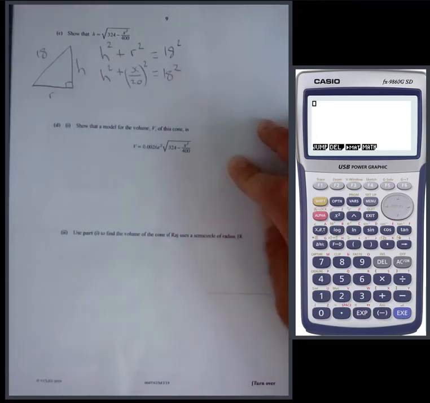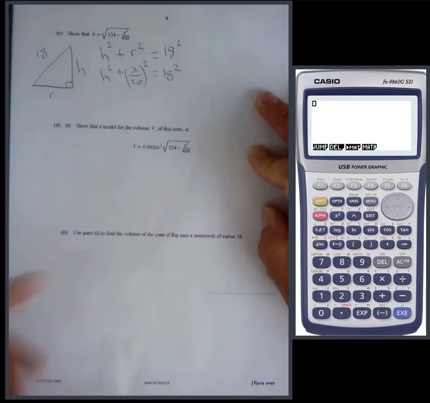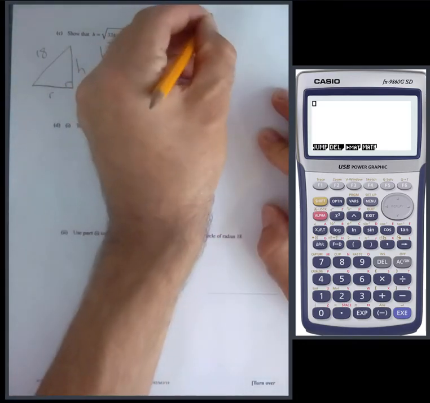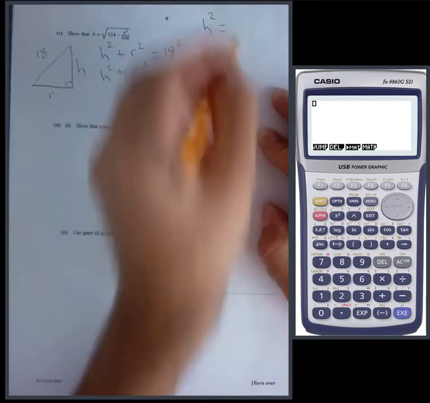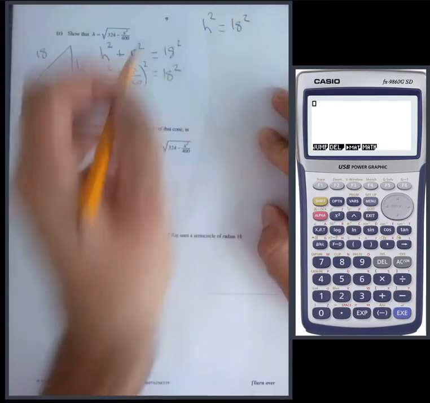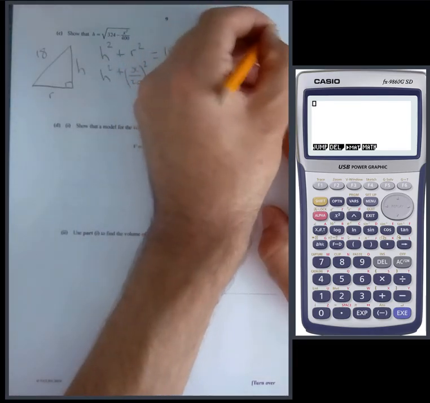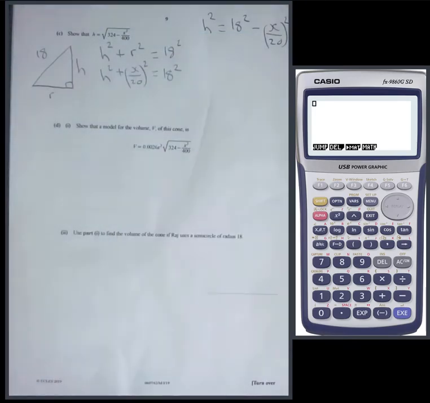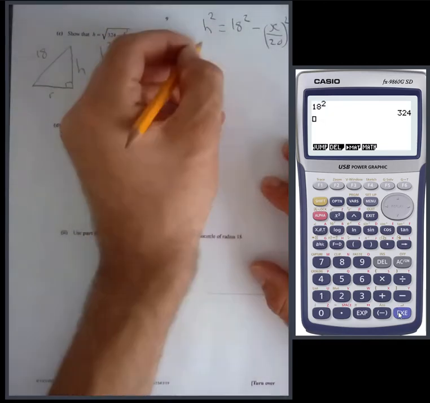So if we want to solve that for h, well, get rid of the (x over 20) squared. So h squared must equal 18 squared minus (x over 20) squared, and I'm now going to tidy that up. 18 squared, if you're not sure, just go to your calculator, is 324.